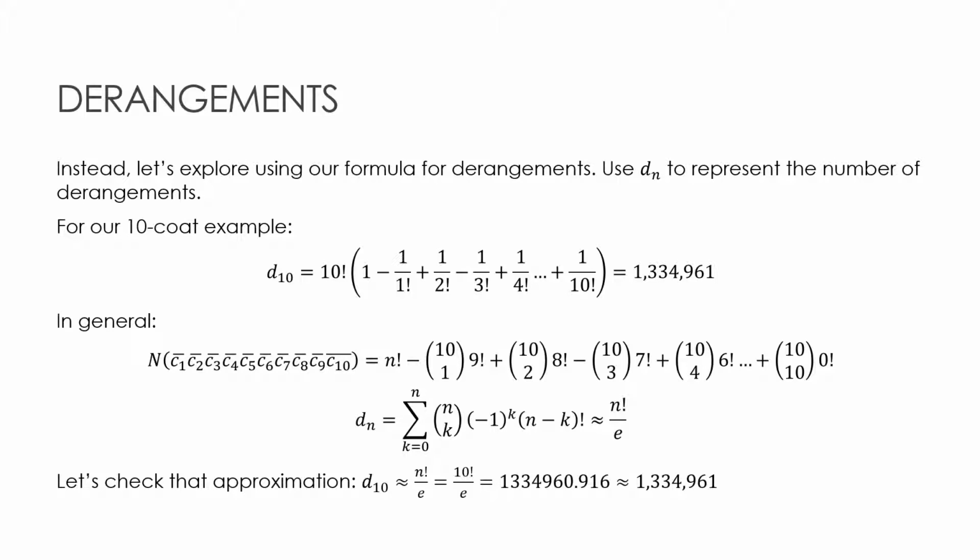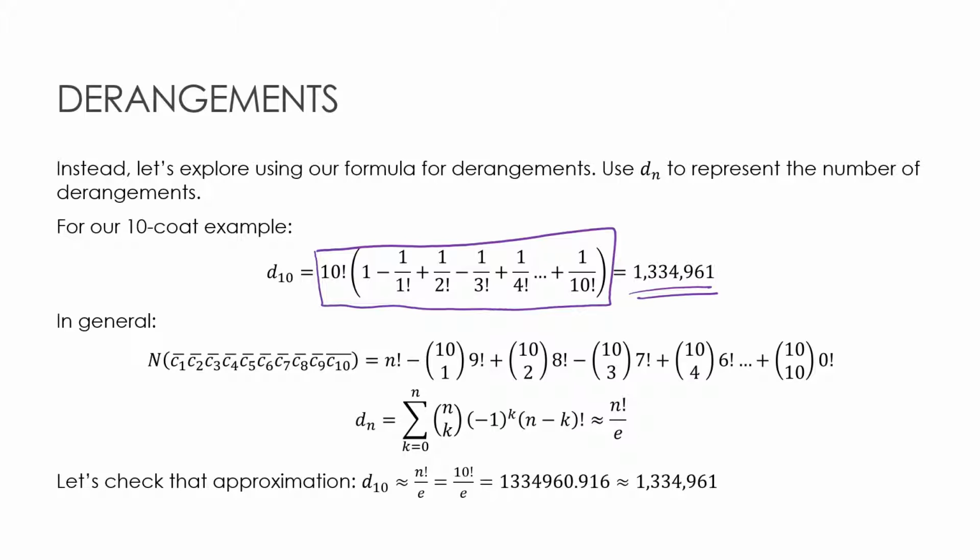So for our 10 code example, after we did all of that math, we came up with 10 factorial and then 1 minus 1 over 1 factorial plus 1 over 2 factorial, etc., which came up with this number.